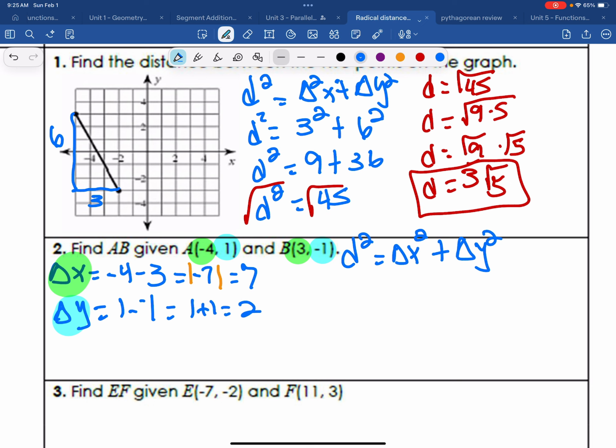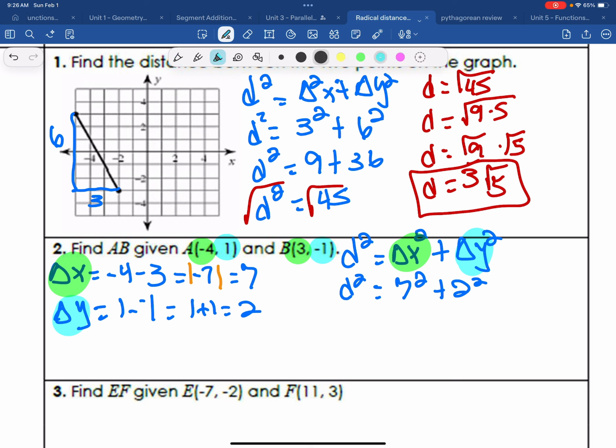I got 2 positive numbers, so I'm happy. So I'm going to substitute into my formula. Let me get my color coding going. So d squared equals 7 squared plus 2 squared.